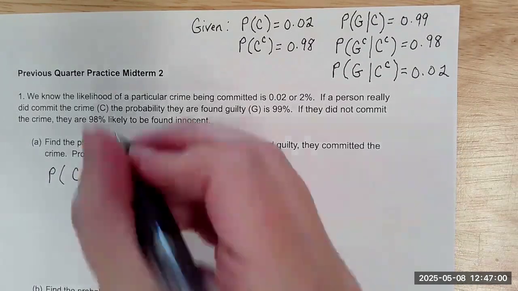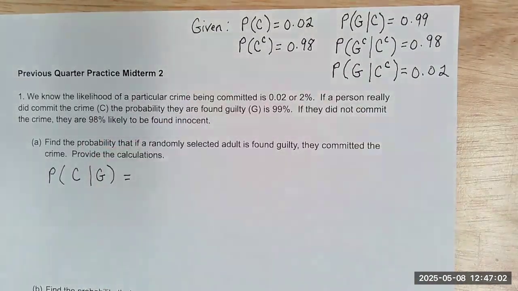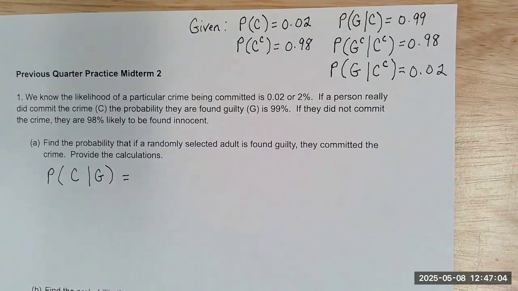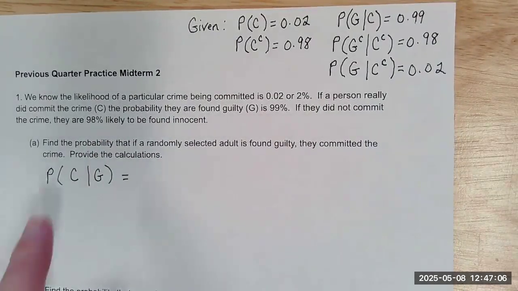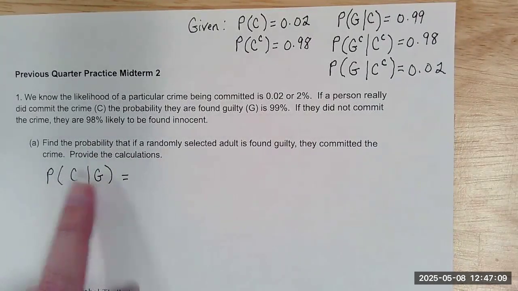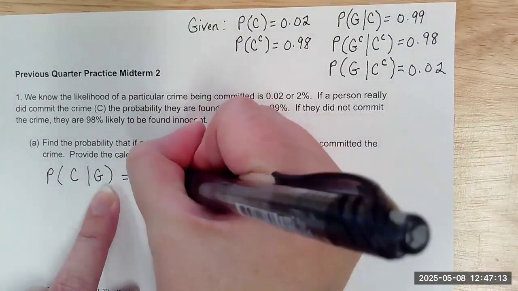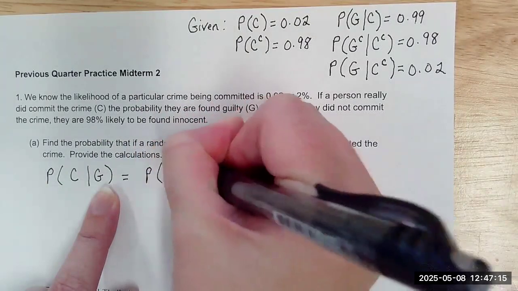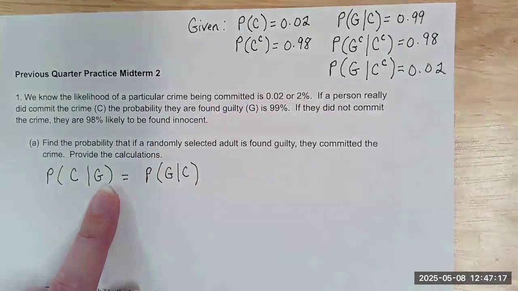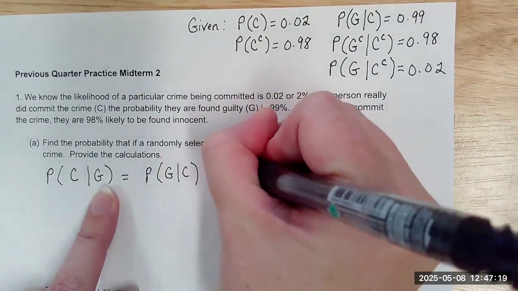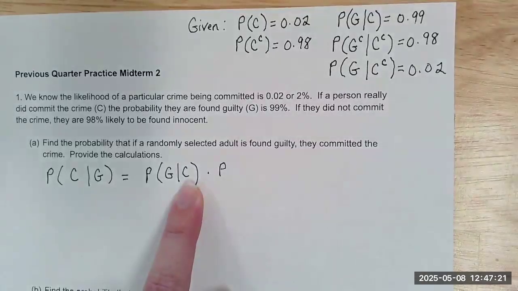So with Bayes, what I always do is, she gave you a formula, but I don't even do it by the formula. I look at it and I go, whatever they are asking you for, write the opposite of it. So this would be the probability of G given C, we're turning it around, times the probability of whatever is after the given bar.